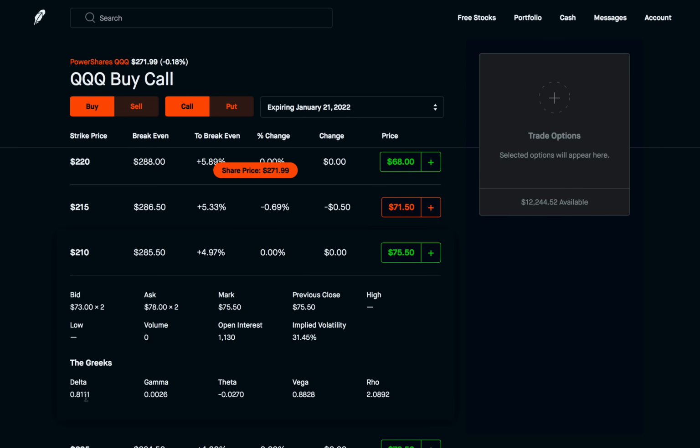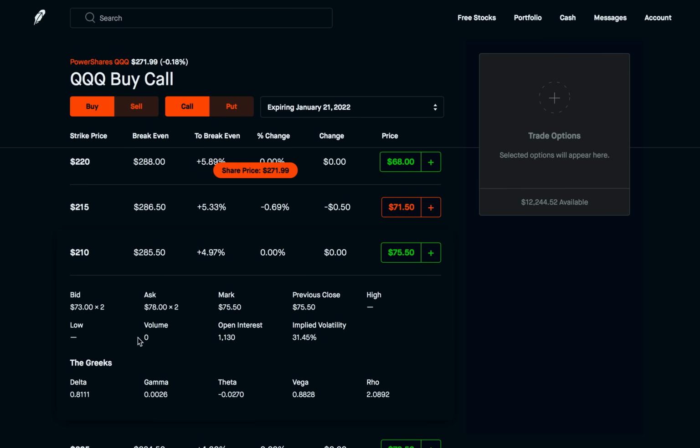And so you actually have to multiply this by 100, right, which would be $81.11. Meaning that if QQQ goes up by $1, the value of this contract is going to go up by $81.11. Conversely, though, if QQQ goes down by $1, the value of this contract is going to go down by $81.11. Right? And then once that happens, remember, gamma gets added to delta, and that becomes your new delta. But I won't get into that in this video.